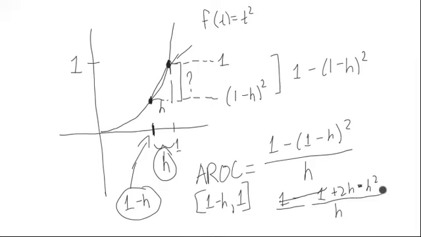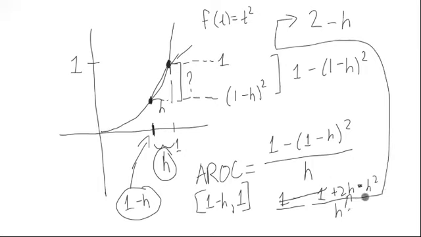Whichever way you look at it, we end up with 2 minus h. So this is the average rate of change. Notice as h gets small, this thing gets closer to 2.